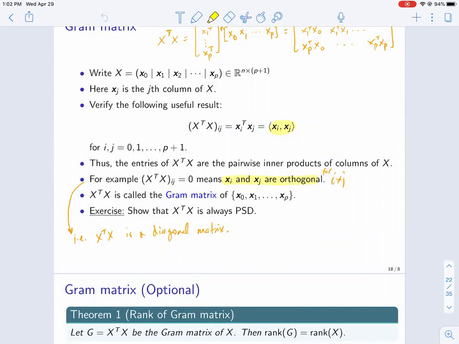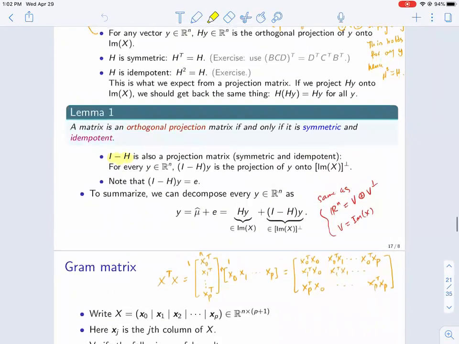The orthogonal projection matrix, that means this matrix makes a vector space for all projections.